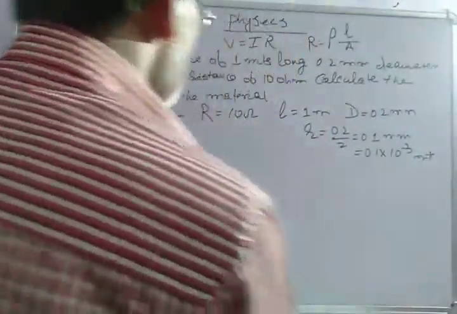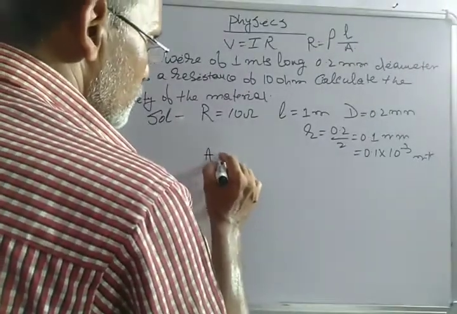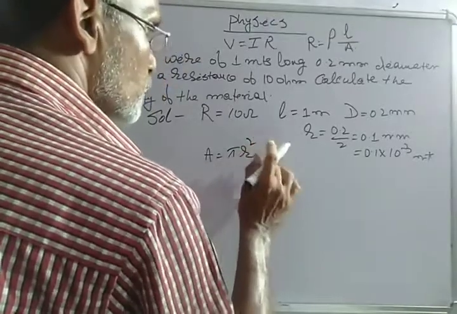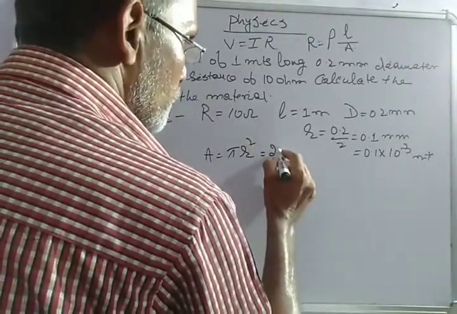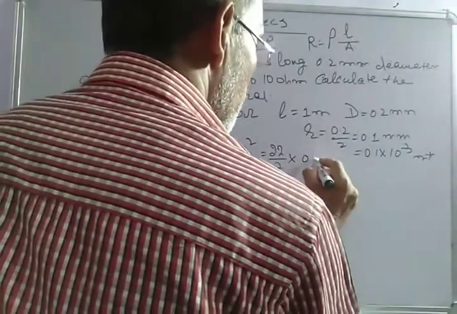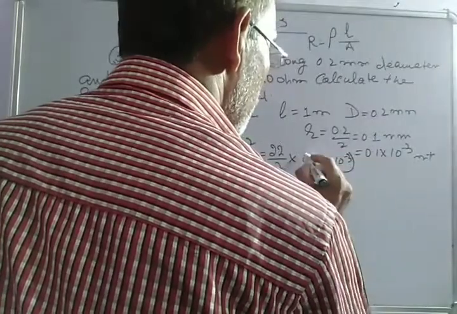So next we have to find out the area. Area is equal to pi r square, that is equal to 22 by 7 into 0.1 into 10 to the power minus 3, whole square.